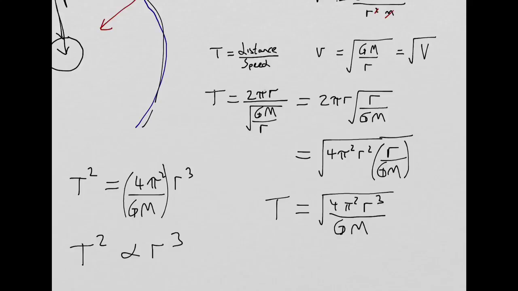And T squared being proportional to r cubed is actually very important because it's known as Kepler's third law. So this tells you that the square of the orbital period is proportional to the cube of the radius from the object to the centre of that planet.